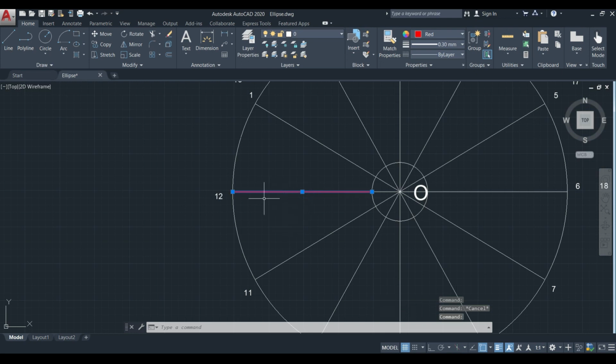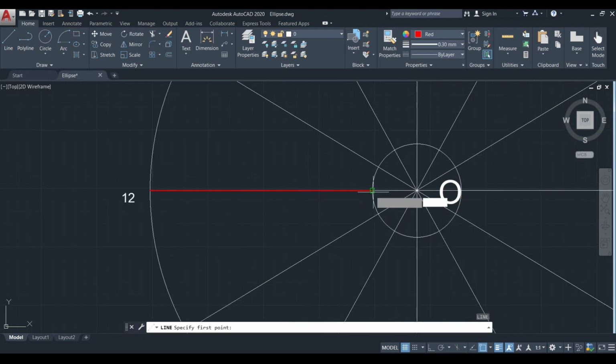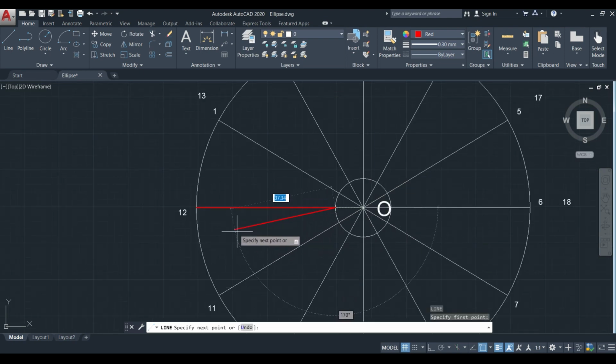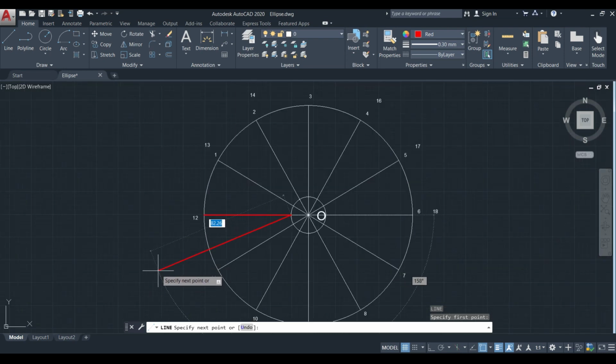For dividing this particular straight line into 18 equal parts, we can use the usual method. That is, let's say I am going to draw a line starting from this particular point here with an included angle of 30 degrees with any measurement, with any distance which is divisible by 18.